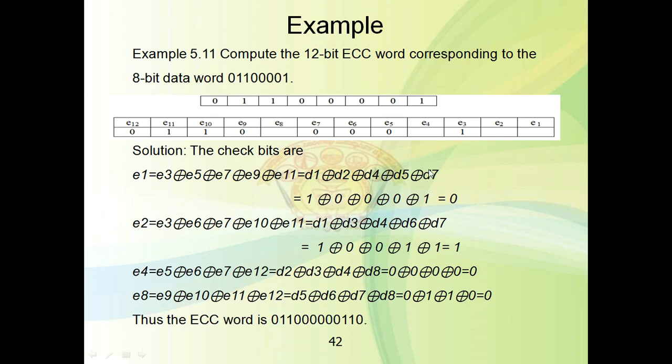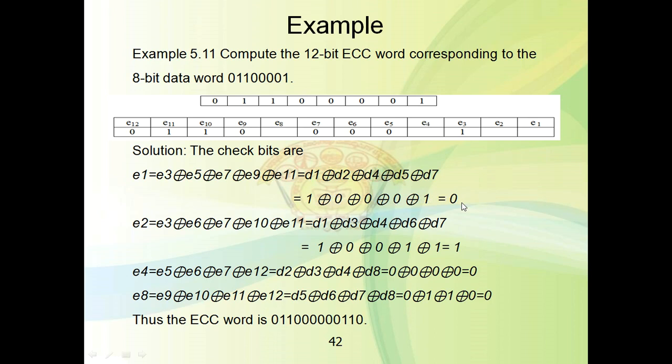All these bits we have to XOR: 1 XOR 0 XOR 0 XOR 0 XOR 0. There are an even number of ones, which means the XOR is 0.